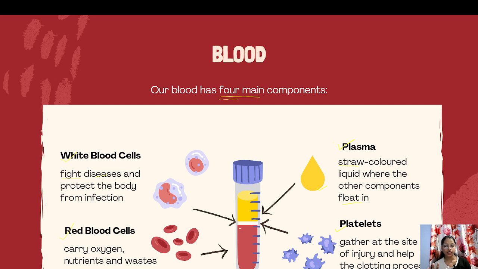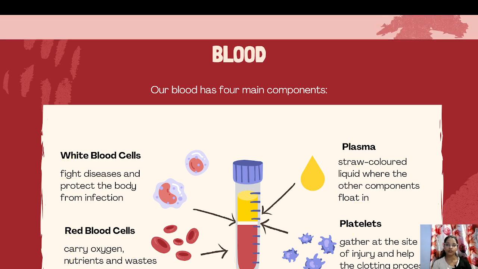The red section of the blood is composed of red blood cells, and these are important for carrying oxygen, nutrients and waste products. After that, platelets are present in the white patchy portion of the blood. These platelets are involved in the clotting mechanism, the coagulation mechanism of the blood.